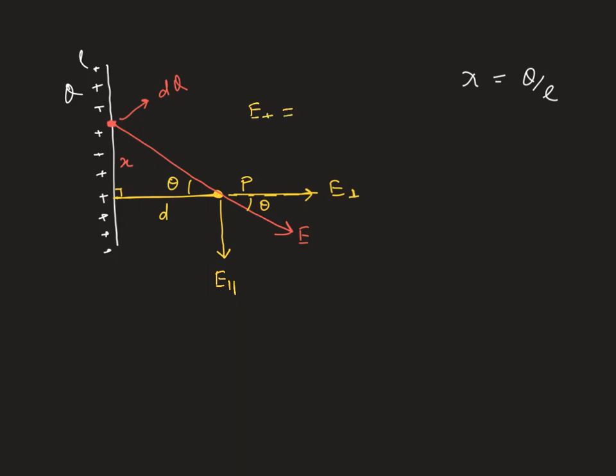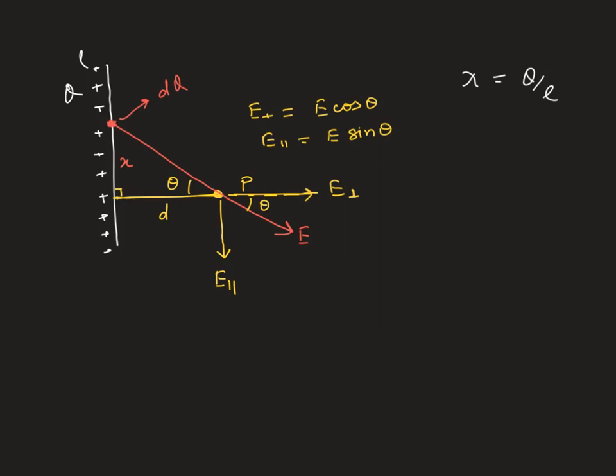E perpendicular is equal to E cos theta, and E parallel is equal to E sin theta. Now, what is theta equal to and what is E equal to? We'll look at everything step by step.